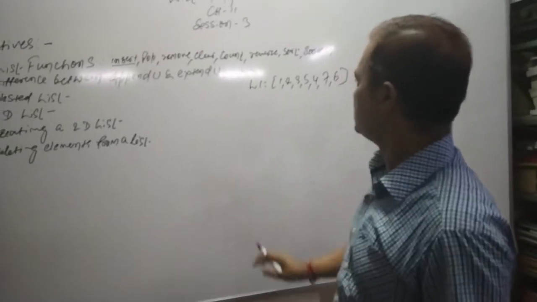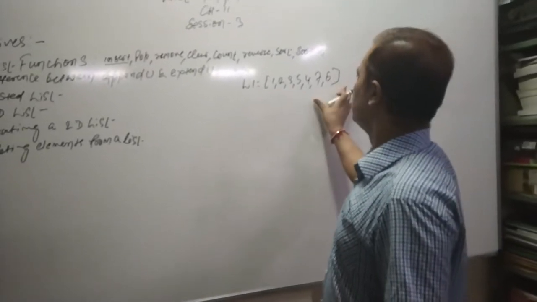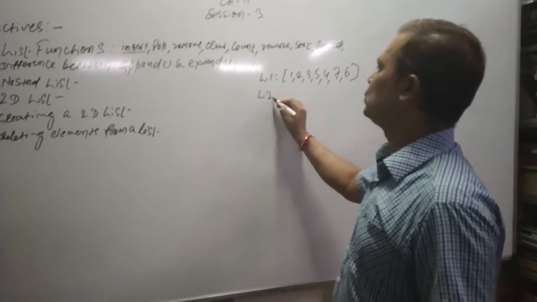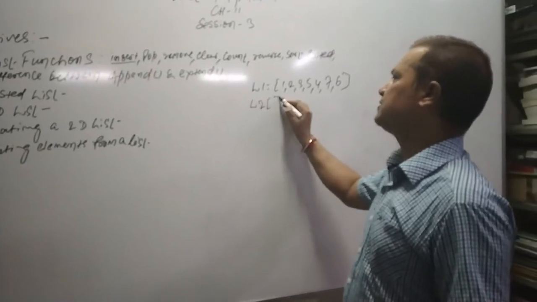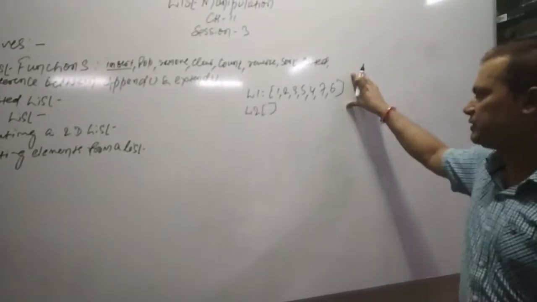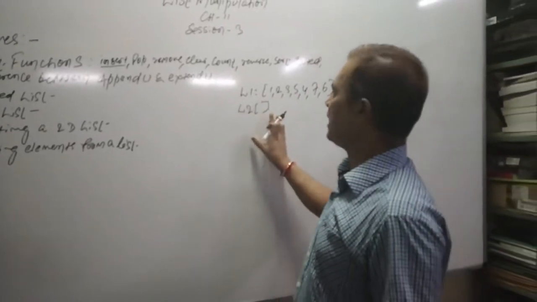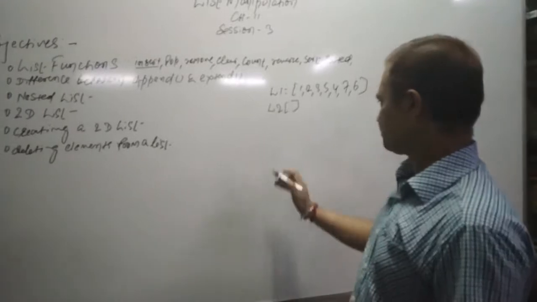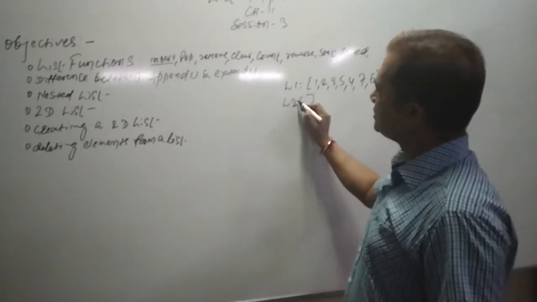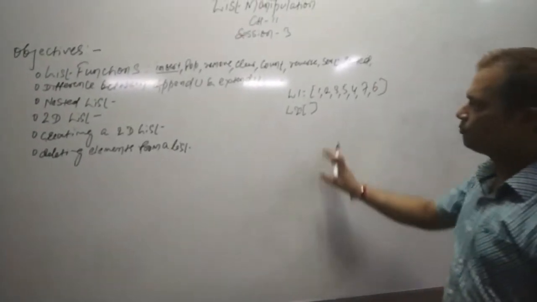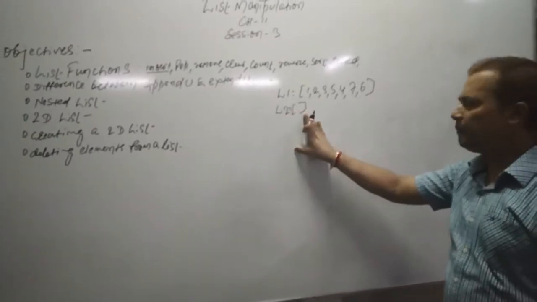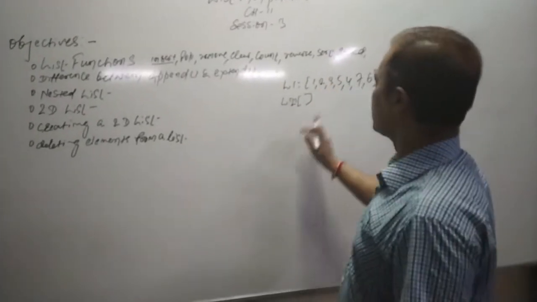This is what the list is. And I want to sort it and arrange it in L2. So L2 is my empty list. So there are two situations, one is a list and there is another list that is empty. So you created L2 as an empty list, meaning L2 equal to open close bracket, then only L2 will be empty. Now how to use this sorted method?